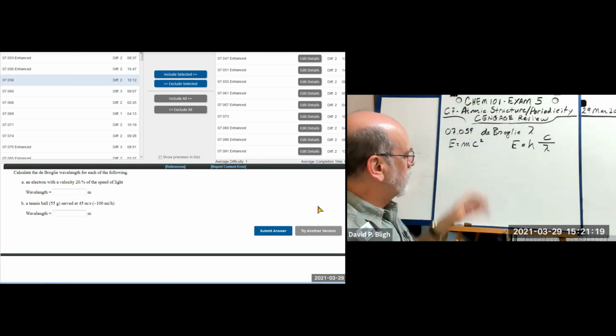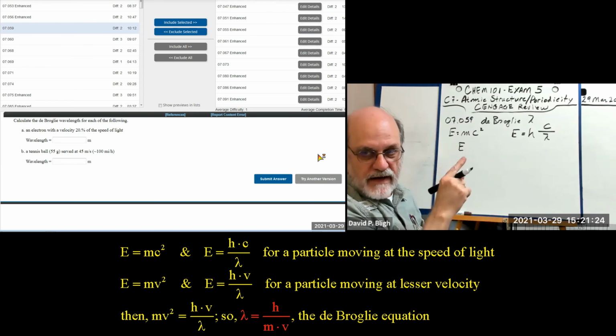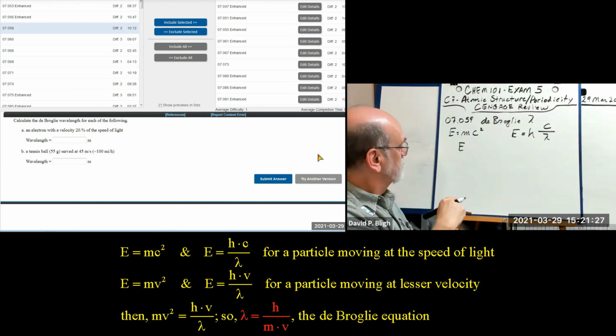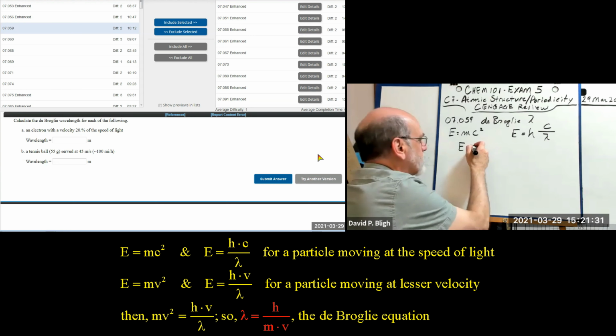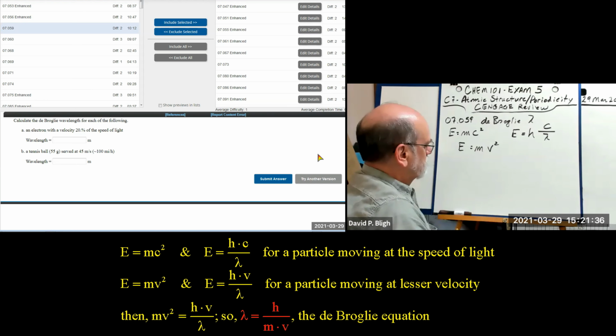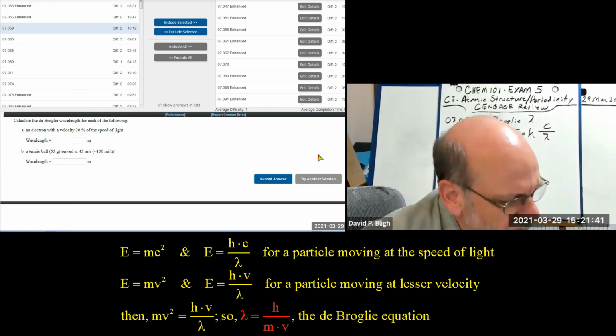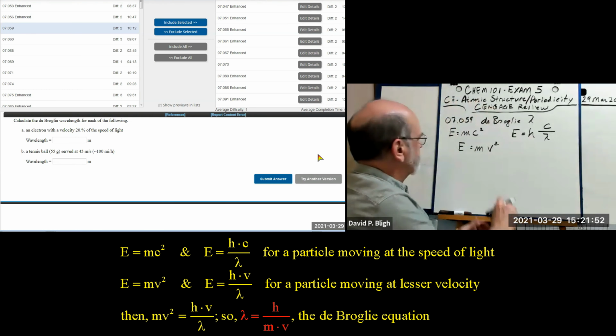He modified this one to be the energy of that object, and actually we could, yeah, it works. Mass times velocity squared. You know, that's not right. It should be 1/2 mv squared.